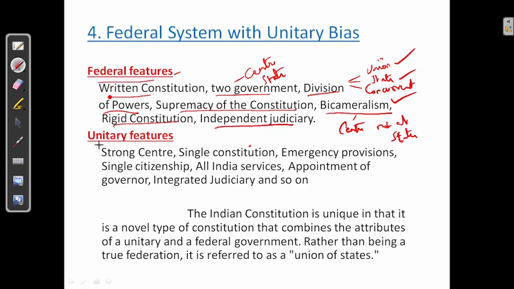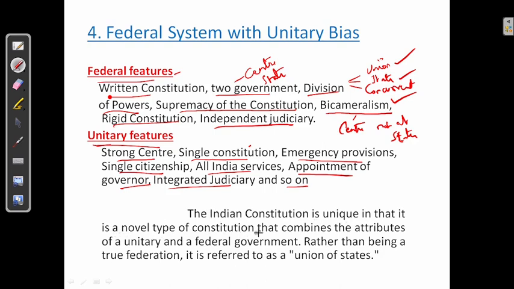All these are the federal features. Next, we will see the unitary features: strong center, single constitution, emergency provisions, single citizenship, all India services, appointment of governors, integrated judiciary, and so on. All these are under unitary features.